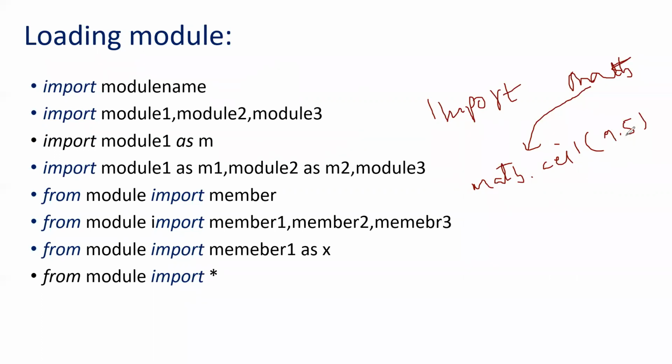Rounding up to the nearest top value. The value 9.5 is in between 9 and 10. Ceil means top, like a ceiling fan is at the top of our head, right? So 9.5 results in 10. If I write floor, then floor means the lower one. Like that, we'll get the output.